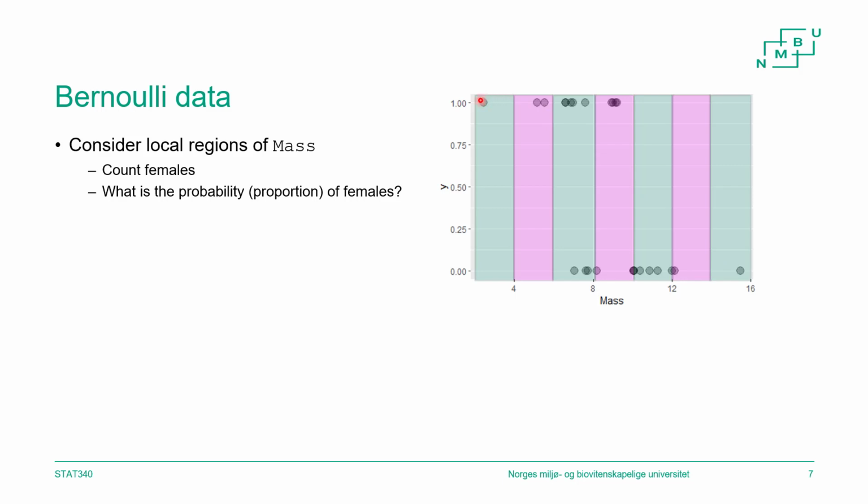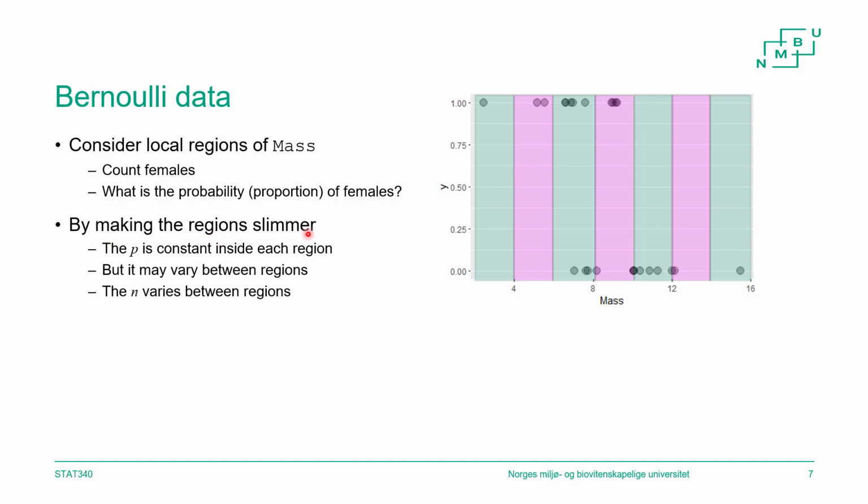So we have moved from a very high probability of female down towards a very low probability of female. But in each region we can argue that the probability is constant within each region. So inside each of these thin intervals, this is binomial.